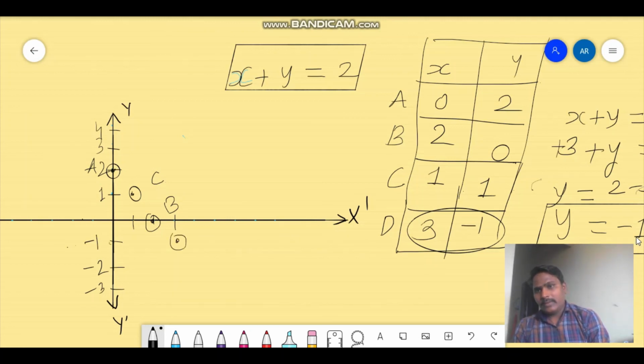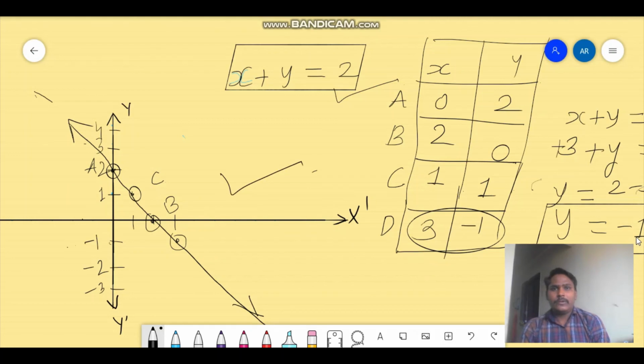Now similarly we can find many points for this given equation x plus y is equal to 2. Now if we join all these points, what are we getting? See, if we join these points, we are getting a straight line. So what is our observation here? If we draw the graph of this equation, it will give rise to a straight line.